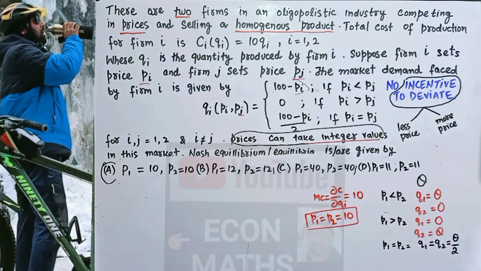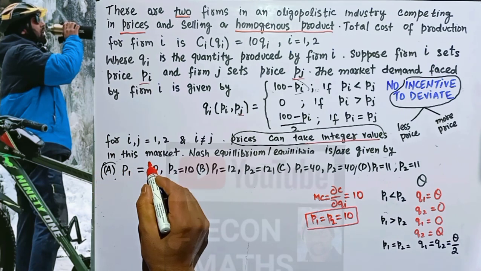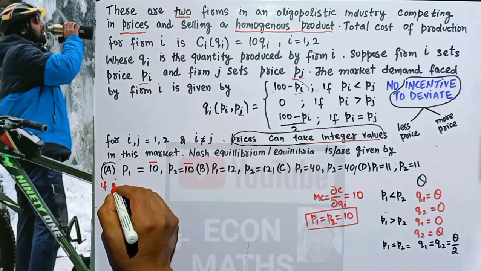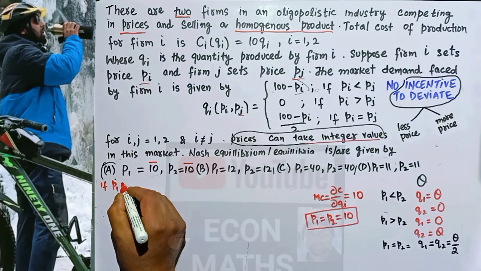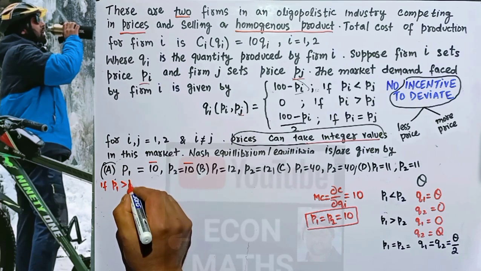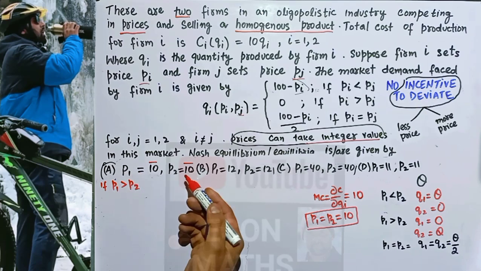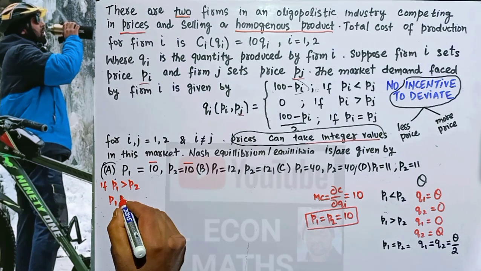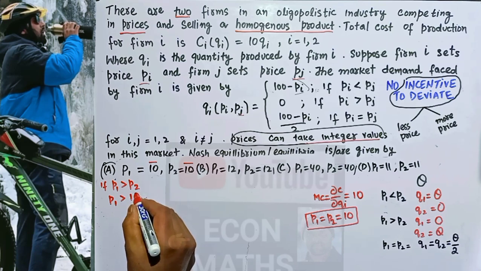Let's take them one by one and see which of the strategies is actually the Nash equilibrium. So the first option is when firm 1 sets a price of 10 and firm 2 also sets a price of 10. We will take firm 1 into consideration. Let us say firm 1 sets a price greater than firm 2, that means firm 1 is charging a price greater than $10.